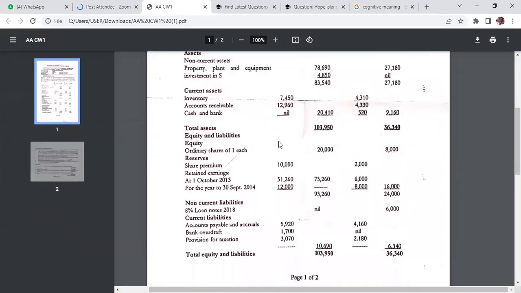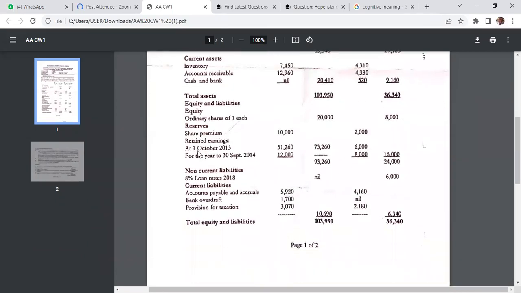Okay. H is the retained earnings. They say that they had it at the beginning of the year as 51,260. So the total retained earnings, therefore, you add that way to get the retained earnings at the end of the year. And that's what reflects the year side.